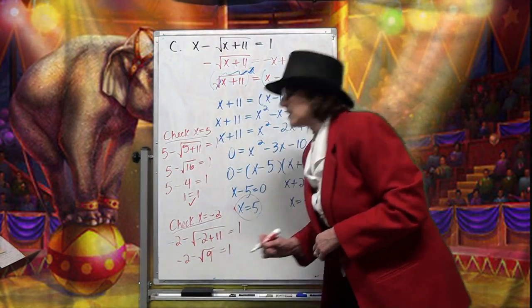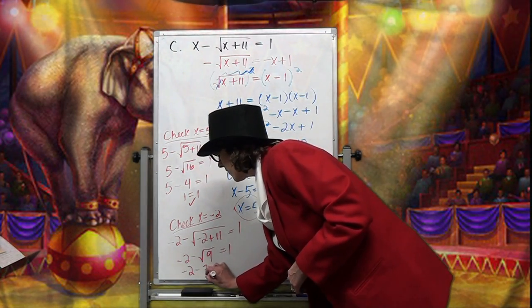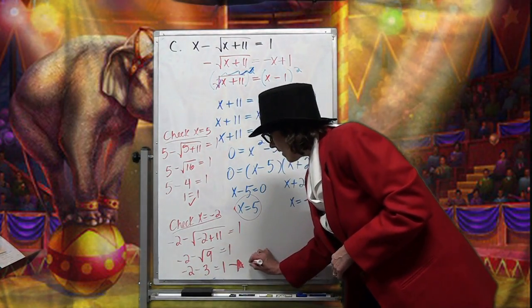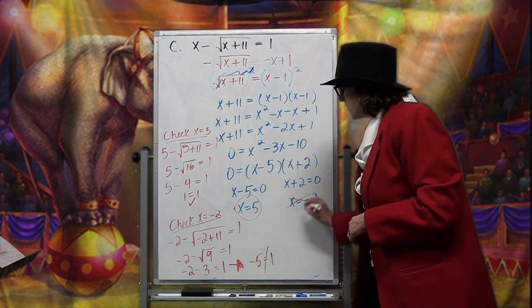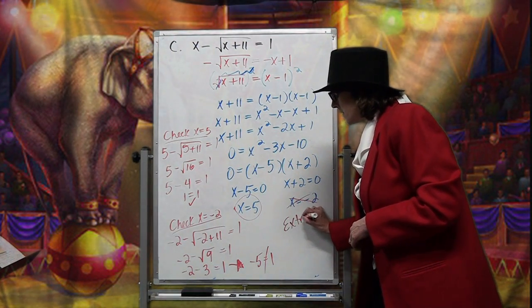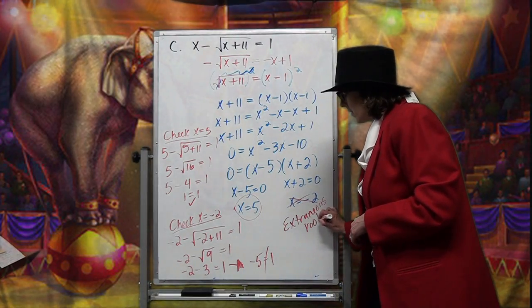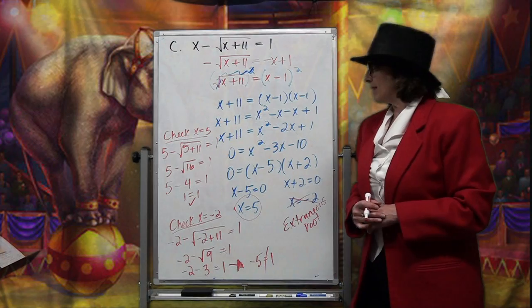And once again, that idea, the principal square root of 9 is 3. Not worried about the negative 3. And negative 2 minus 3 is a negative 5. That does not work. So this is an extraneous root. Mathematically, technically it should work. But it doesn't because it causes problems when I plug it back in.